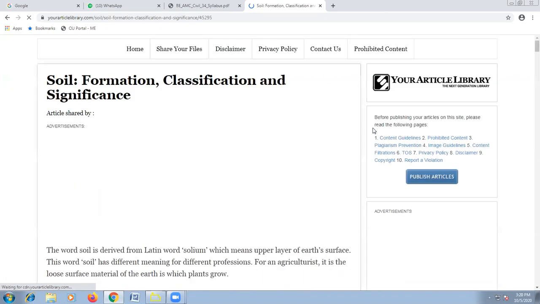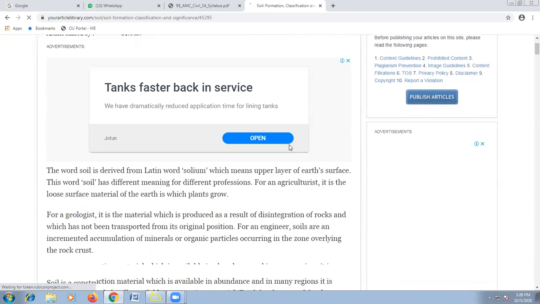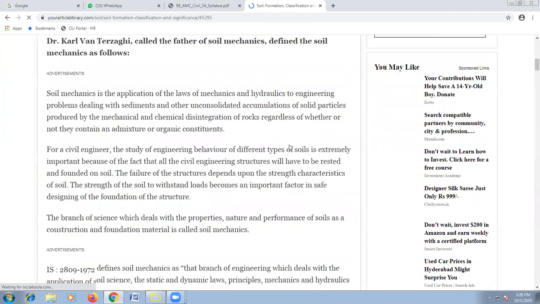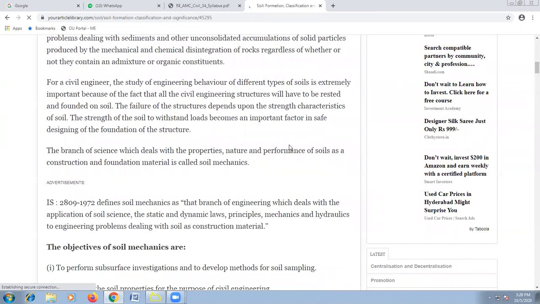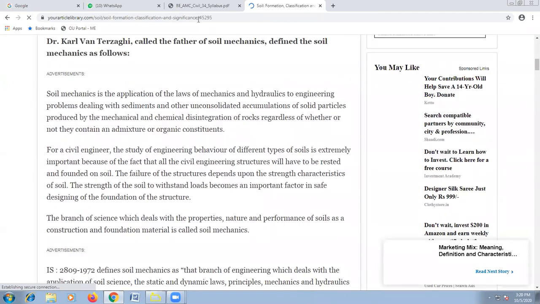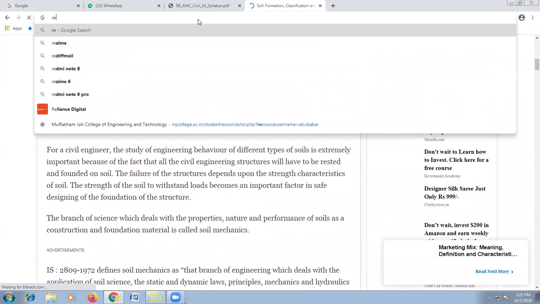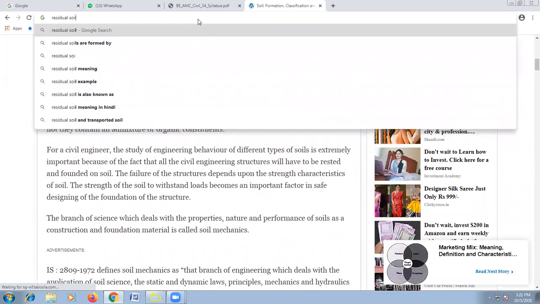Under geological classification we have different types. The first type is known as residual soil. Let us see what this residual soil is about.